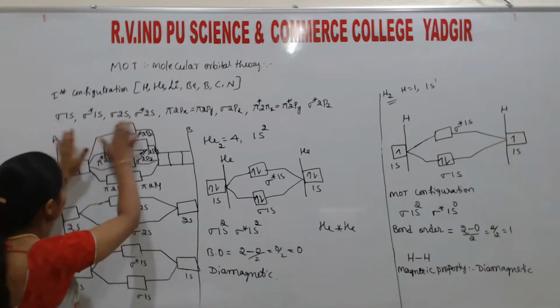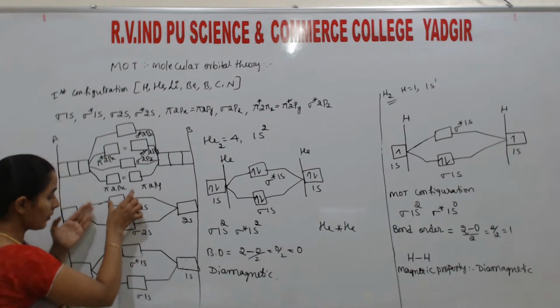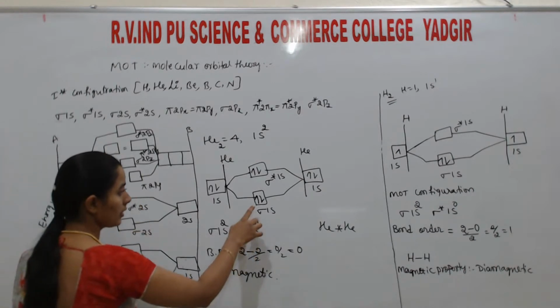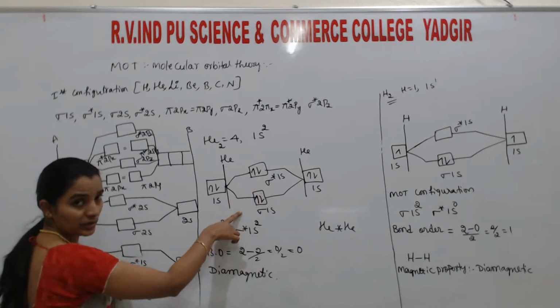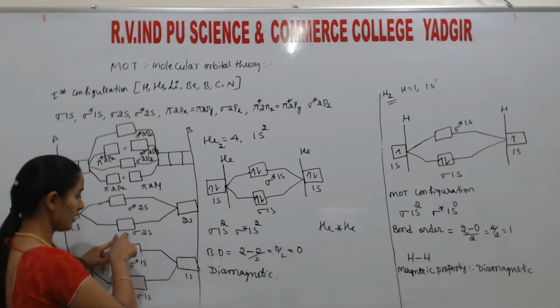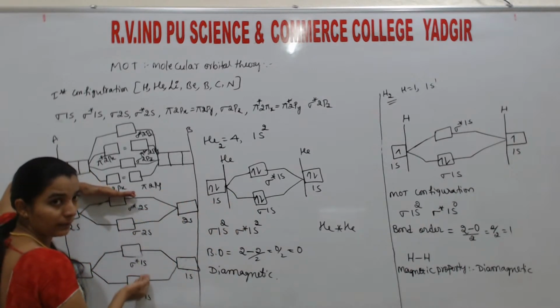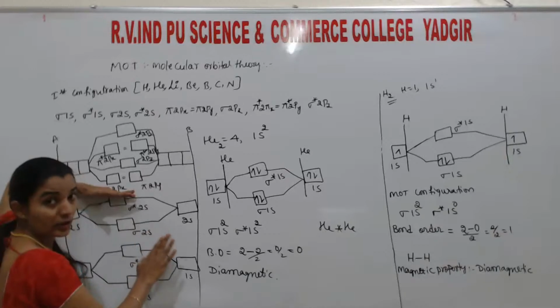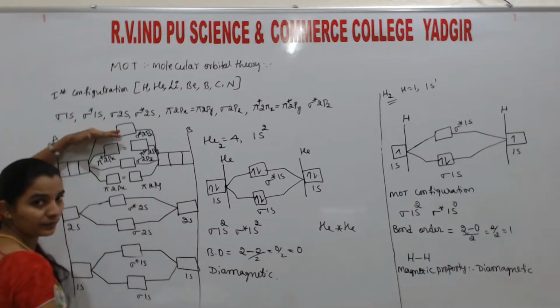Initially you write this completely, considering how many electrons fill up. Listen here. What I explained is sigma 1s, sigma star 1s. If a 2s orbital is there, you can take sigma 2s; up to this you have to take, including this and this. If 2p is there, then this and this.